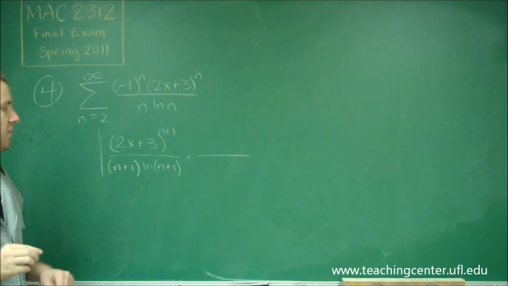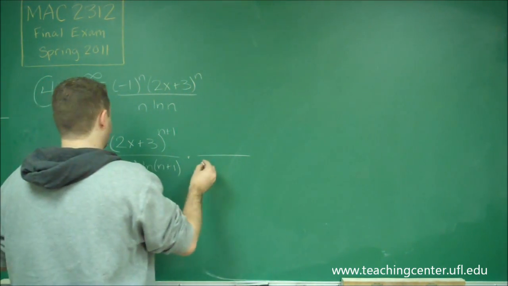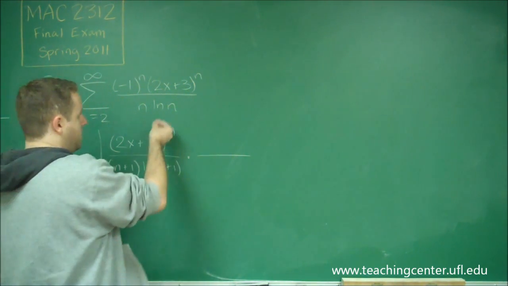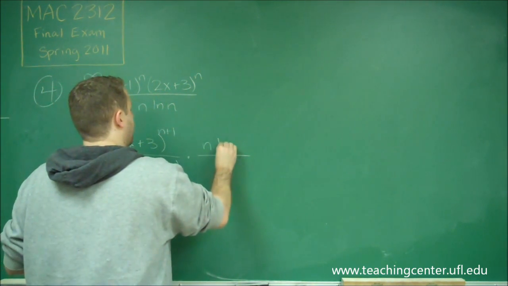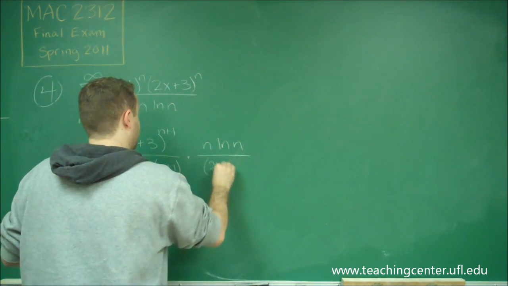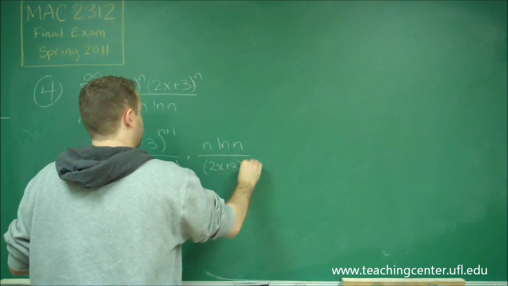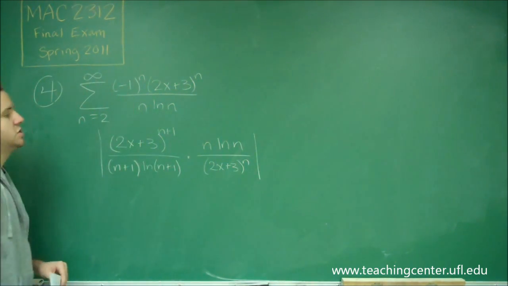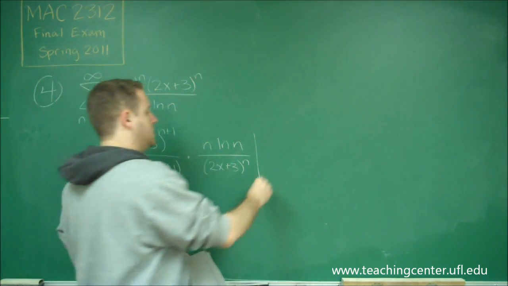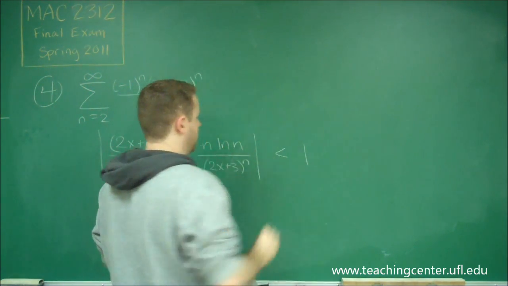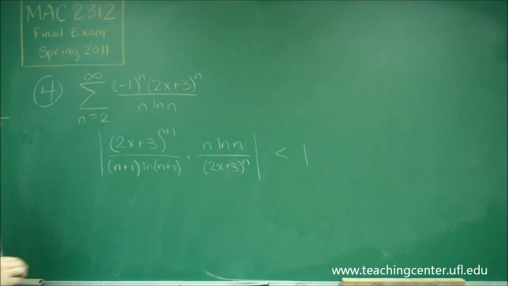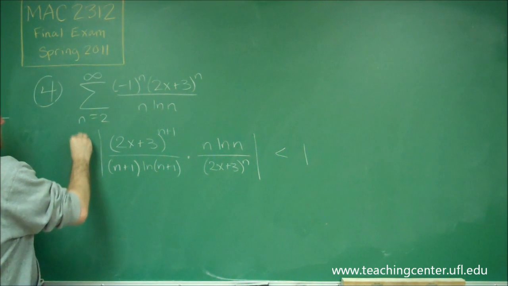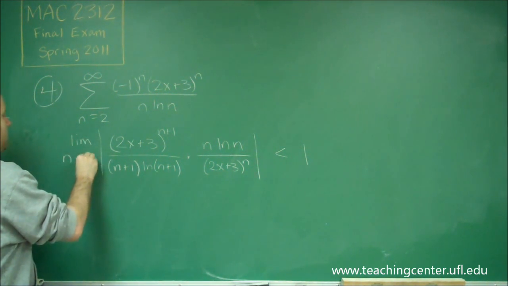We're taking the absolute value of all this stuff. So we multiply by the reciprocal of the nth term, which is n ln n over (2x + 3)^n. We want this to converge, so we want this to be less than 1, since we're using the ratio test. And remember that we're taking the limit as n goes to infinity.